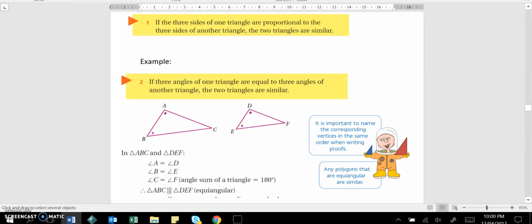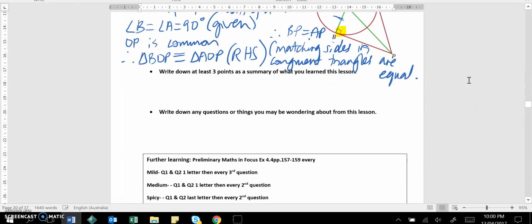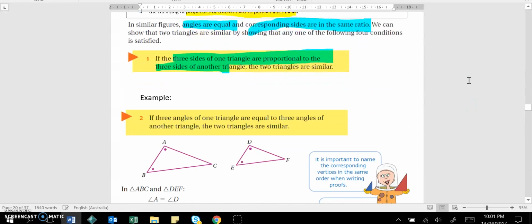The first one is three matching sides of one triangle are in the same ratio to the other. Then they're similar. Also, if we've got three angles of one triangle equal to three angles of the other, they're also similar.